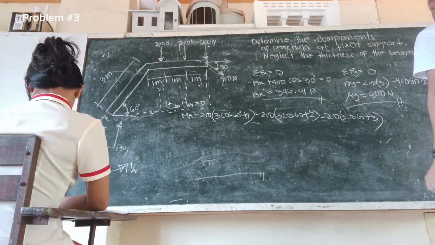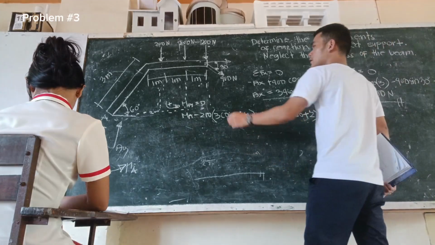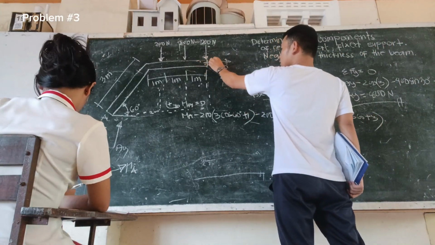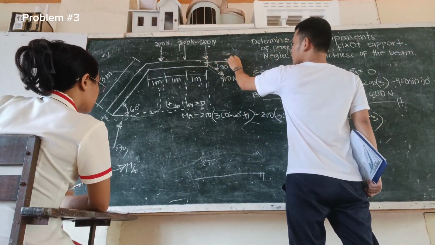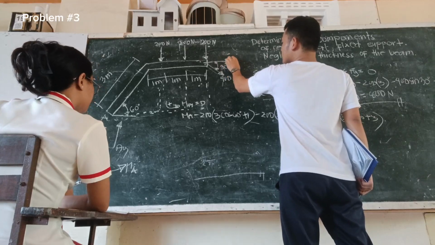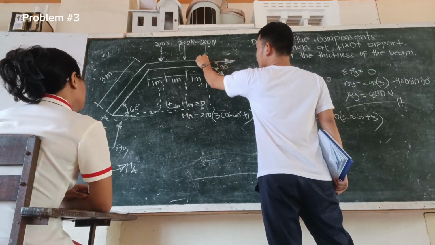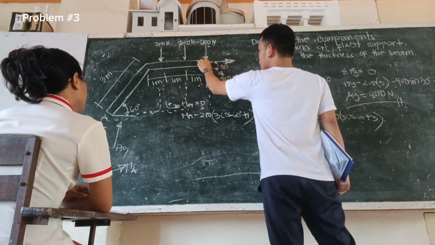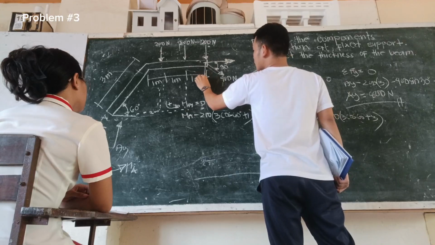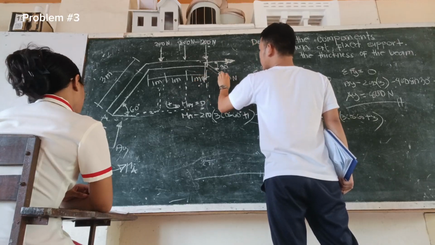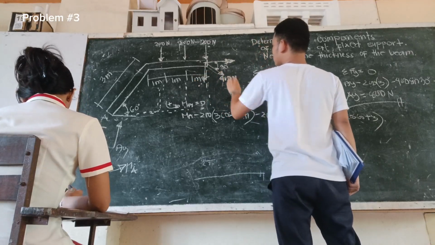Next, we have here the x component and y component of our magnitude 400 going to the right.